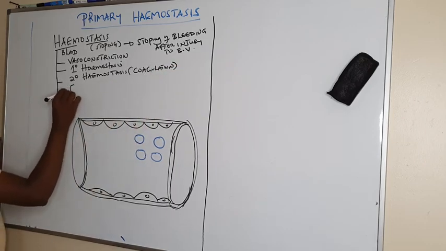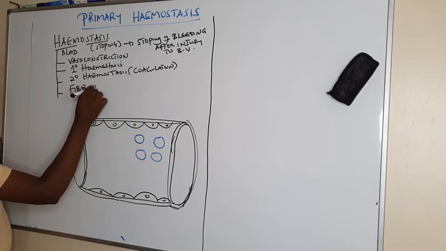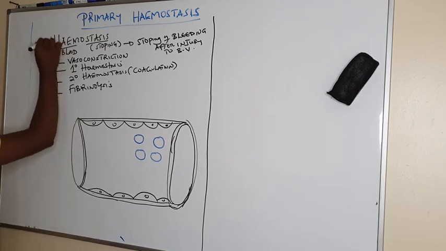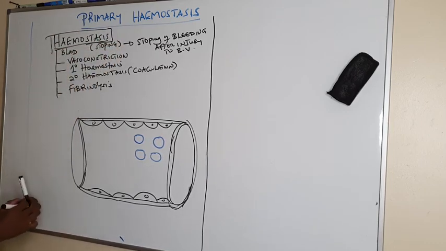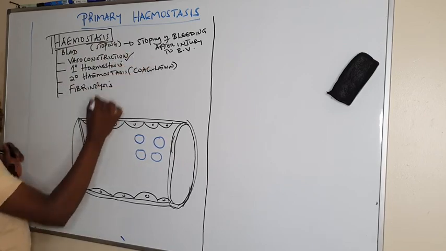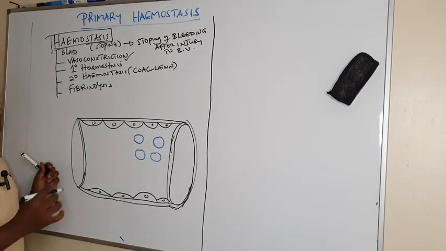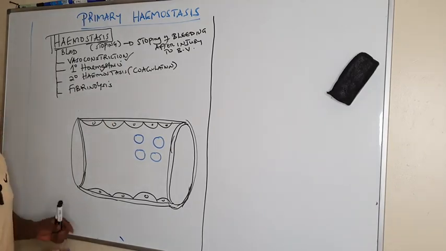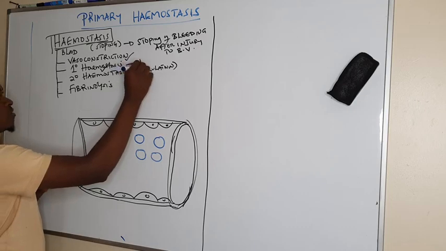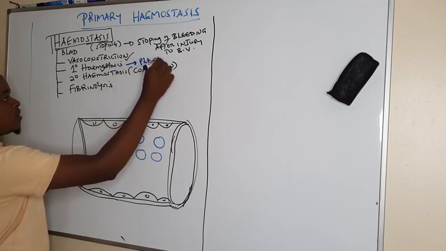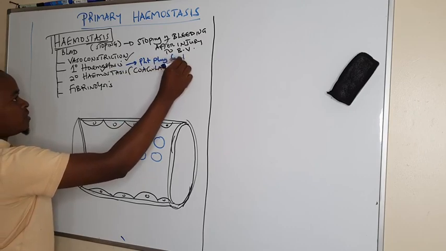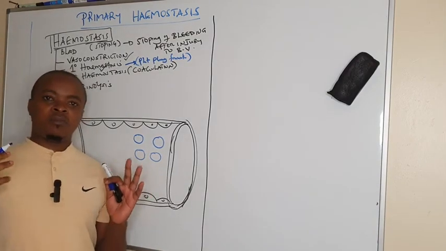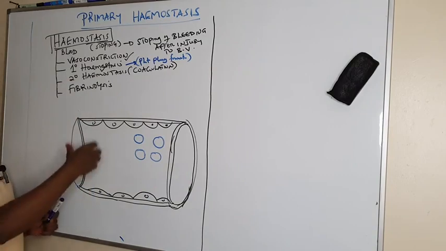Then lastly, we have fibrinolysis. So these are the steps under hemostasis as a topic, whereby we look at vasoconstriction of the blood vessels after the injury, leading to primary hemostasis, and the end result of primary hemostasis is platelet plug formation. So primary hemostasis aims at forming a platelet plug, but this platelet plug formed is loose.